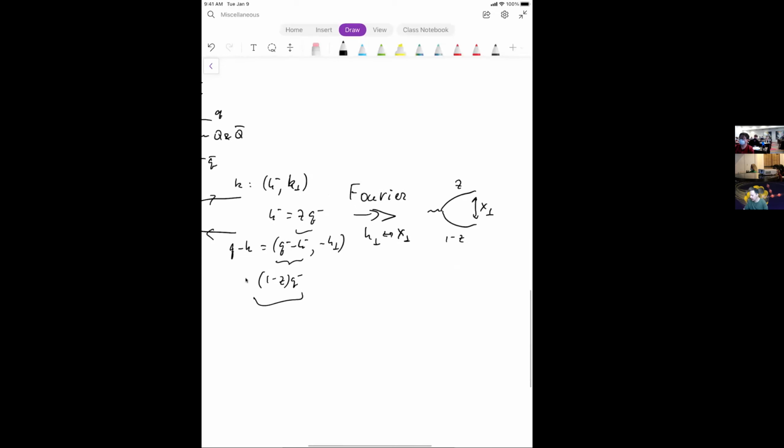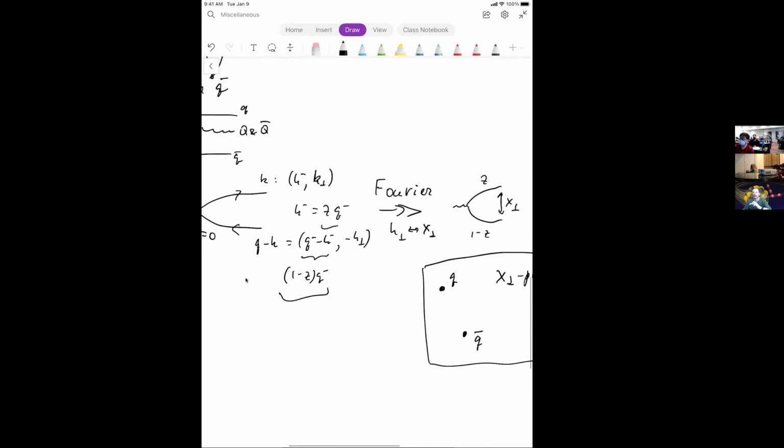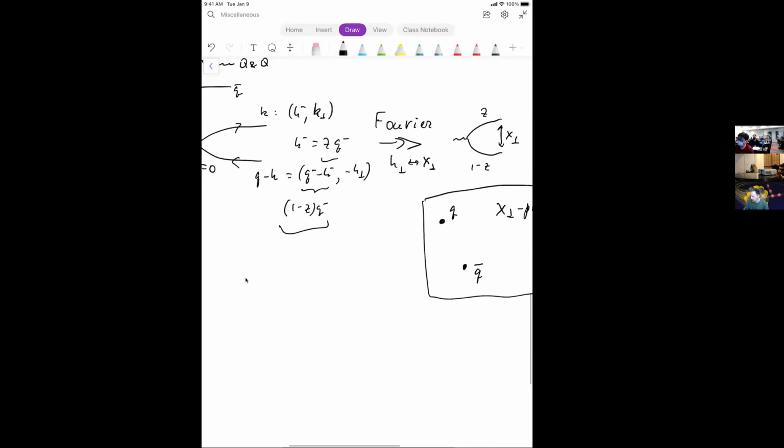So when I'm drawing this in a transverse plane, I'm working in an x perp plane, right? And I say, okay, there's a quark and there's an antiquark. And this is my dipole in a plane because I'm working in x perp space. It is convenient that they're frozen in this x perp plane. It doesn't mean that they have zero transverse momentum. It just means that their longitudinal momentum is so much larger than the transverse momentum, right?